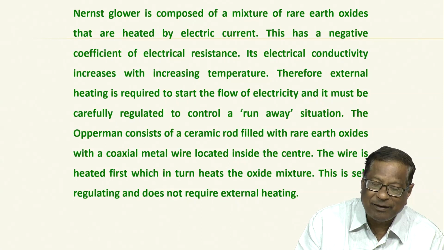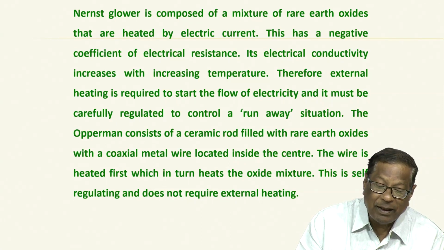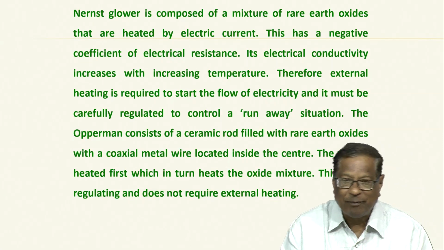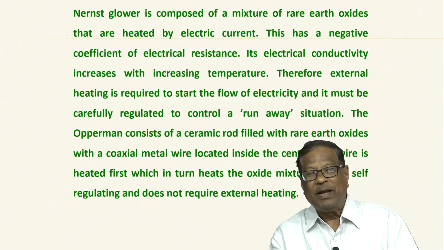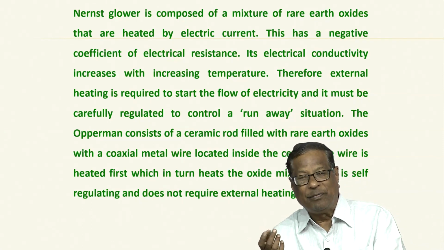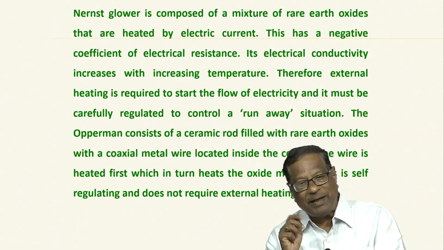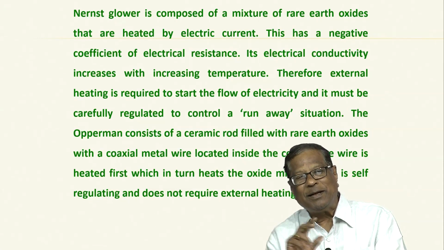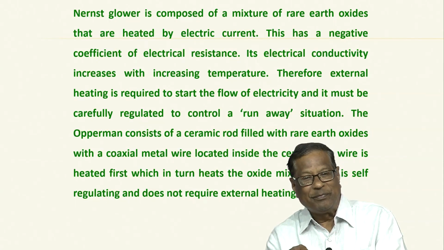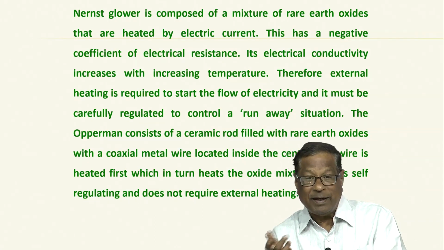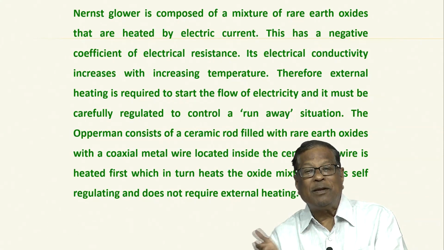You should remember this, because anything that has got a negative coefficient of electric resistance means its electrical conductivity increases with increasing temperature. Most of the metals have the property other way around. You take the metal, you start heating it, its electrical conductivity comes down. Okay. But rare earth oxides behave the other way around.